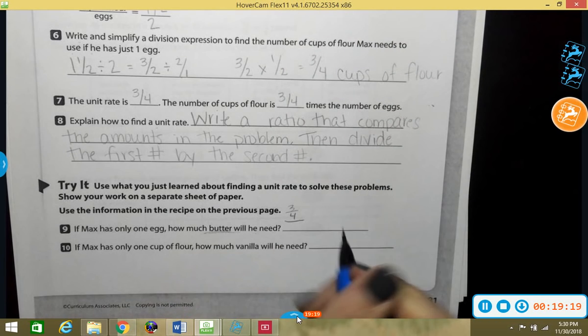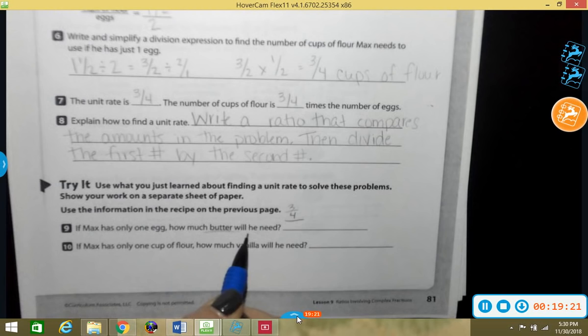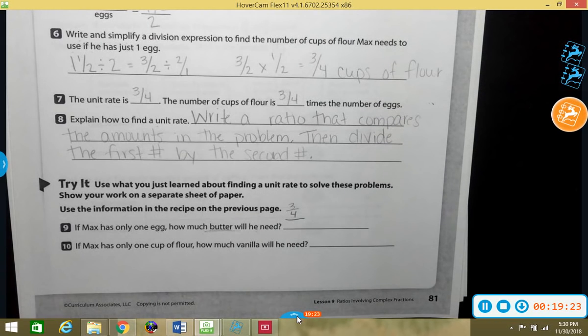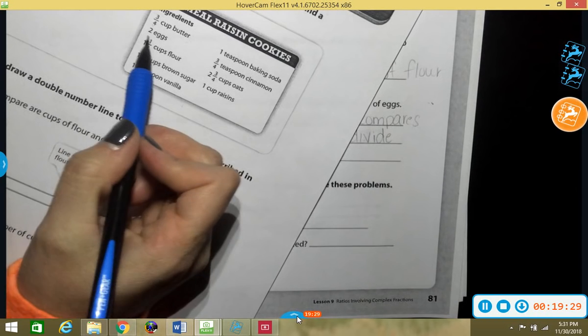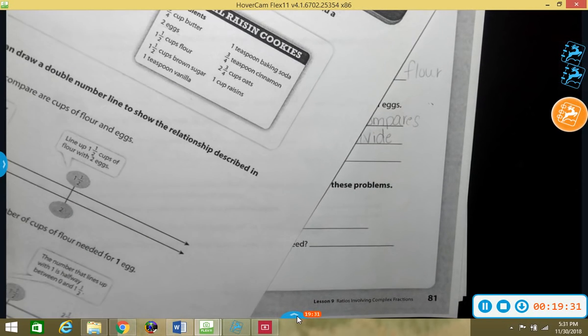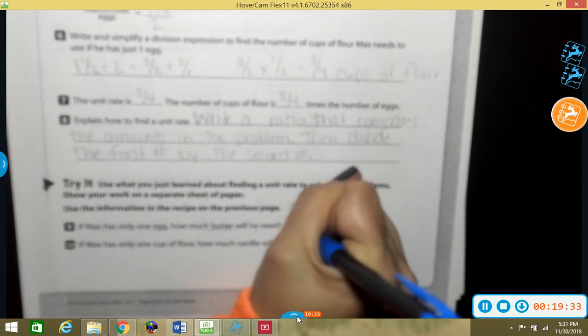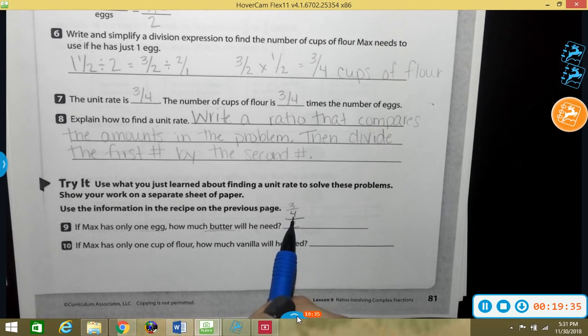And then how many eggs were in the original problem? And it's okay for us to look at this way because we're wanting the unit rate of 1 egg. So in the original one, it was 2 eggs. So we're taking the original problem. It took 3/4 cups of butter and 2 eggs.